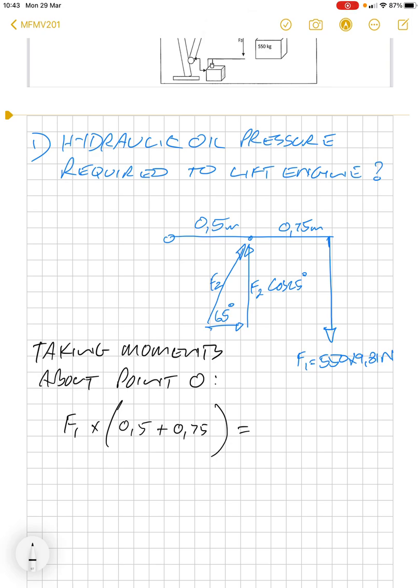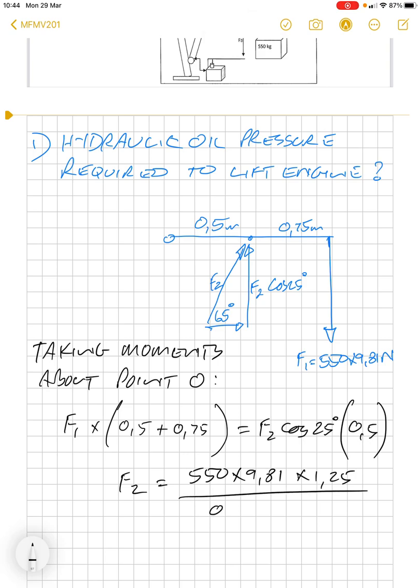Then we've got an upward force of F2 cos 25 degrees at a distance of 0.5 meters from the pivot point. So F2, we can substitute for F1. F2 is equal to 550 times 9.81 times 1.25 divided by 0.5 times cos of 25 degrees.